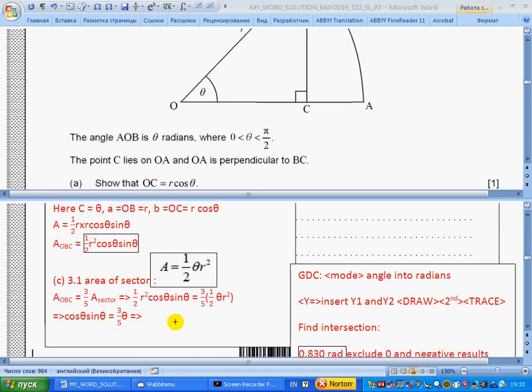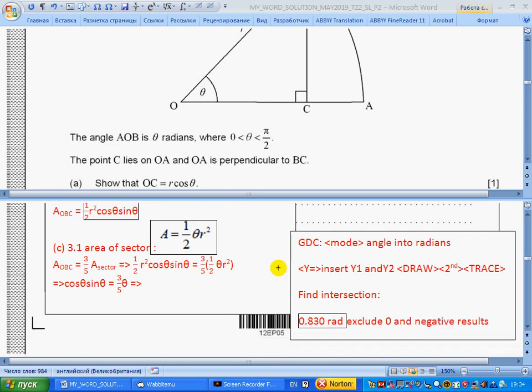The area of a sector is half theta r squared. So we use the information that is provided. Area of OBC equals 3/5 times area of sector. Substituting the expressions for triangle OBC and the sector, and cancelling r squared and half, we get cosine theta sine theta equals 3/5 theta.